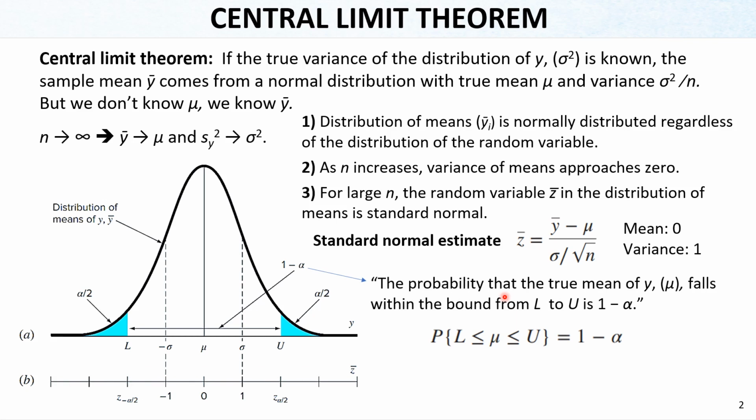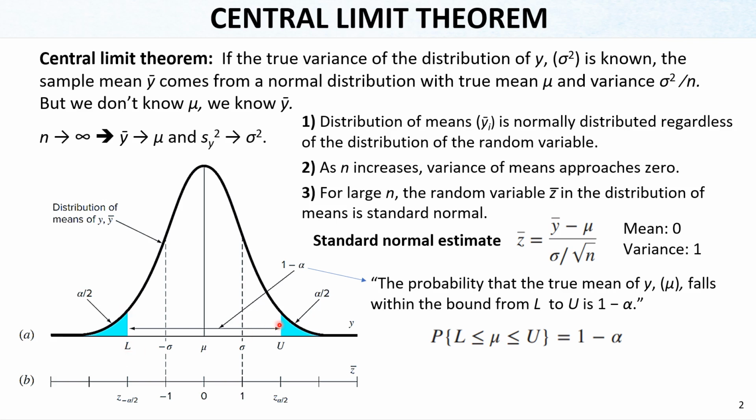And the probability that the true mean of y, which is mu, falls within the bound from L to U is 1 minus alpha. So basically we don't know the true mean, we have a sample mean, and we will have a lower and upper bound for the true mean. Because we don't know it, we can have just some interval for estimating the true mean.